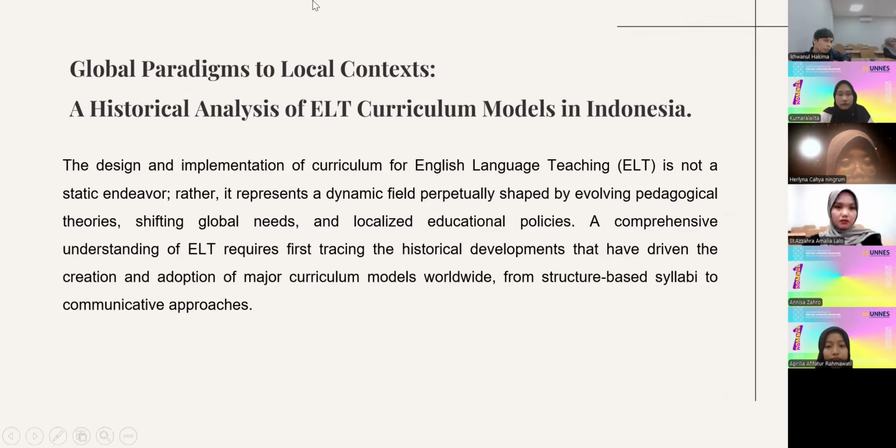For the historical analysis of ELT curriculum models, the design and implementation of curriculum for ELT is not a static endeavor. It's always developing, always improving, and represents a dynamic field perpetually shaped by evolving pedagogical theories, shifting global needs, and localized educational policies.